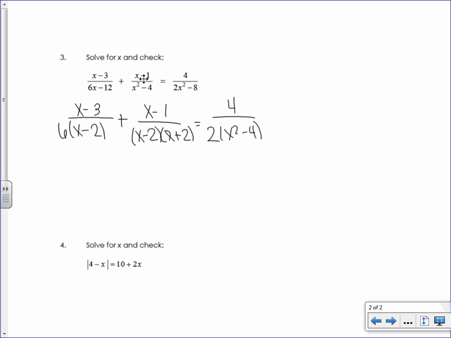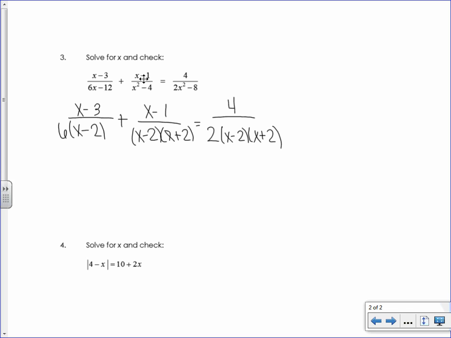But x squared minus 4 is the difference of perfect squares, so that factors again into 2, and then I've got now x minus 2, x plus 2. So now that I have all my factors, I can go ahead and start eliminating.